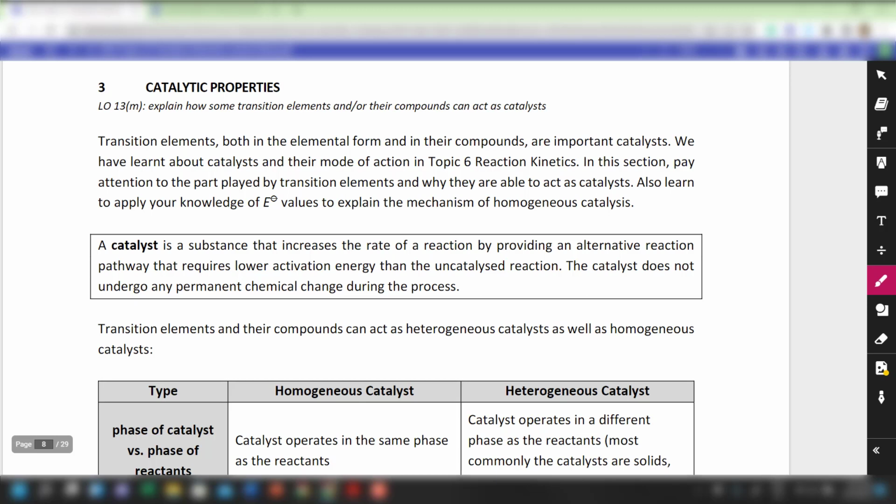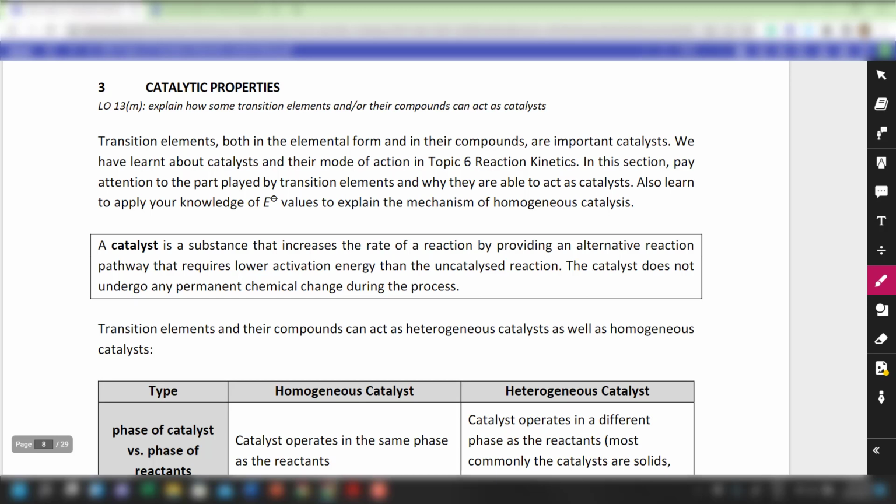There are 2 types of catalysis: one is heterogeneous, the other is homogeneous. Over here we are going to make use of our knowledge of reduction potential values to explain the mechanism of homogeneous catalysis.